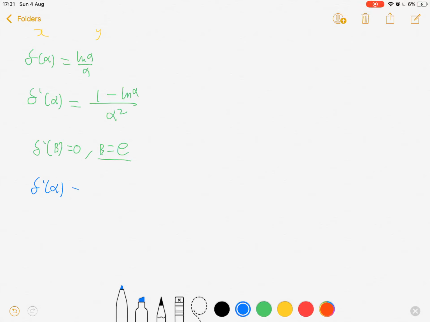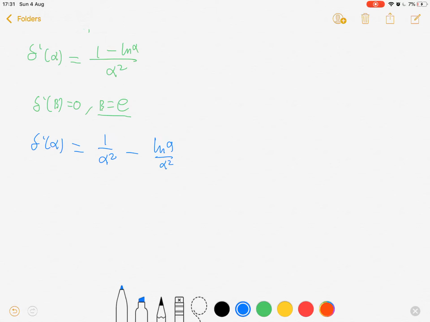F prime alpha was 1 over alpha squared minus ln alpha over alpha squared, right? So f prime prime alpha would equal minus 2 alpha 3 minus this alpha to the power of 4, and right here would be alpha minus 2 alpha ln alpha. Yeah, I think that's it, right?